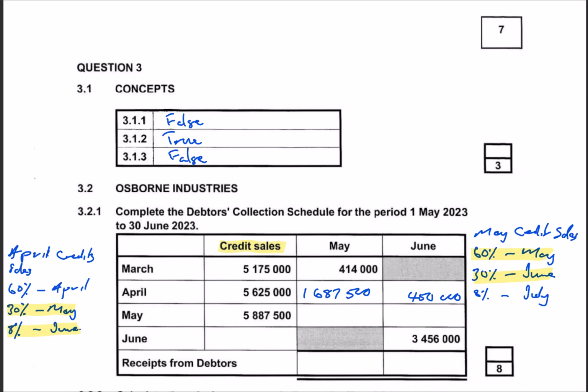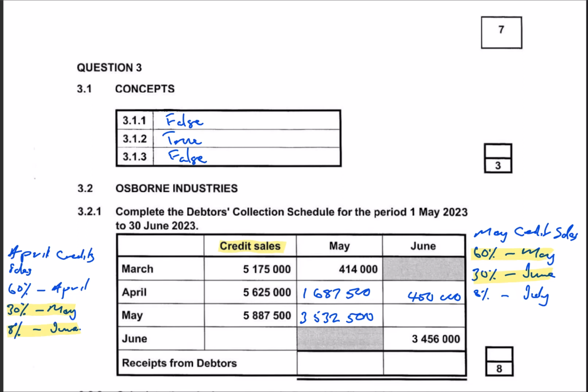Right, so calculating 5,887,500 times 60%. That's 3,532,500.